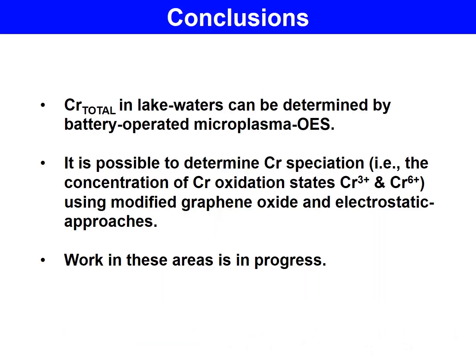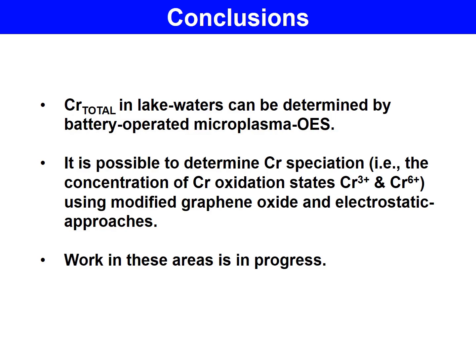So in conclusion then, we can determine the total chromium concentration. So this is chromium total in lake waters by battery operated microplasma. It is possible to determine the various oxidation states, such as chromium-3 plus and chromium-6 plus, using modified graphene oxide or functionalized graphene oxide and electrostatic approaches, the way I've described earlier on.